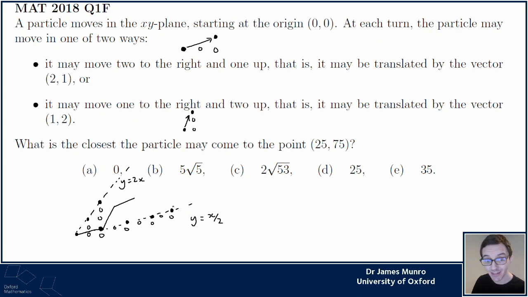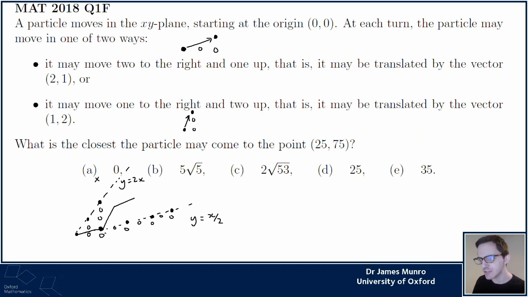Here's the crucial fact: the point (25, 75) is not inside this cone of possibility, so it's impossible for us to actually get to the point (25, 75). It's up on the line y equals 3x, so it's somewhere up here in my diagram, not to scale anymore.